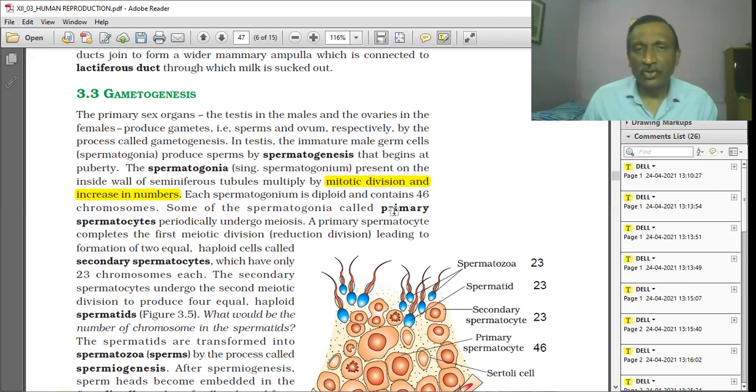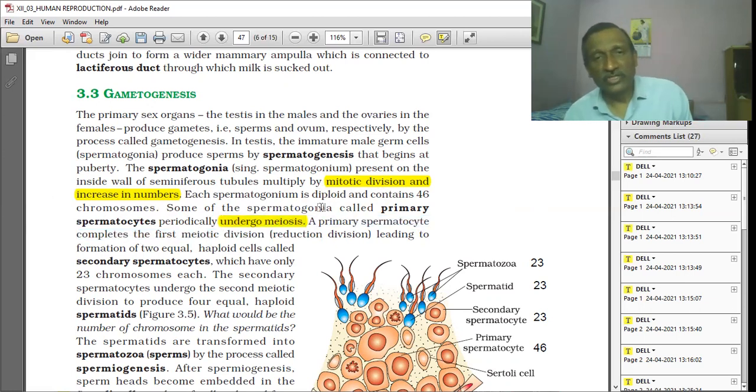Some of the spermatogonia are called primary spermatocytes. Some, not all, periodically undergo meiosis, not all the time. A primary spermatocyte completes the first meiotic division, that is the reductional division, leading to the formation of two equal haploid cells.